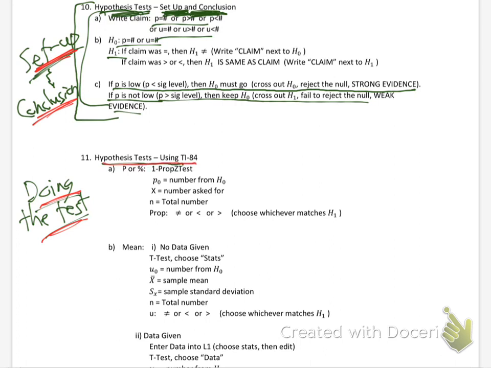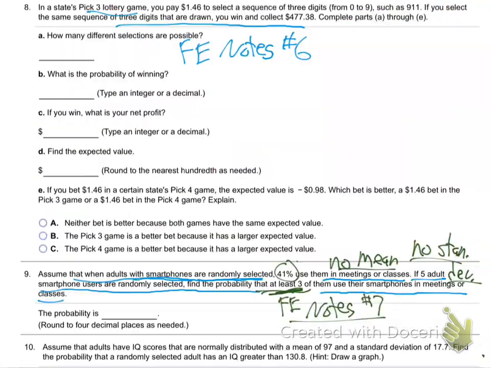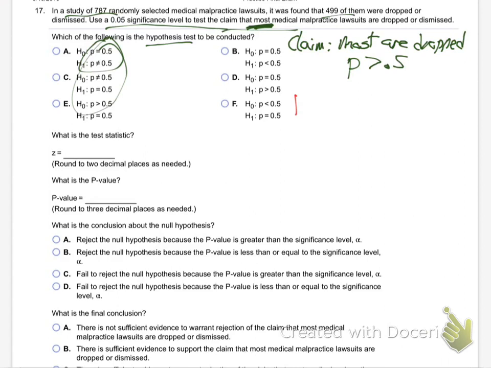So hypothesis test using a TI-84 for P or percentage. That's our deal right there. There's the steps, 11A on the final exam notes. Final exam notes 11A is where that information is.